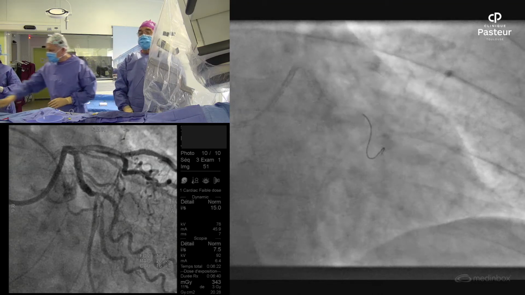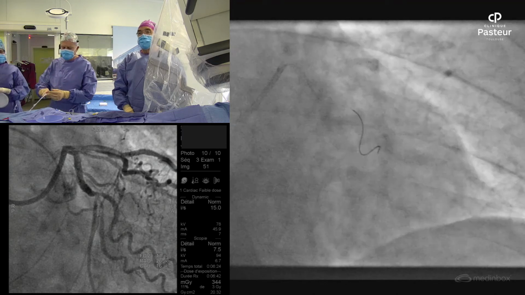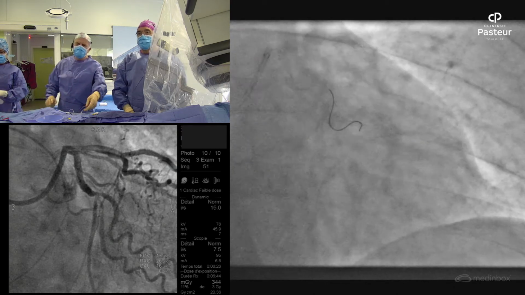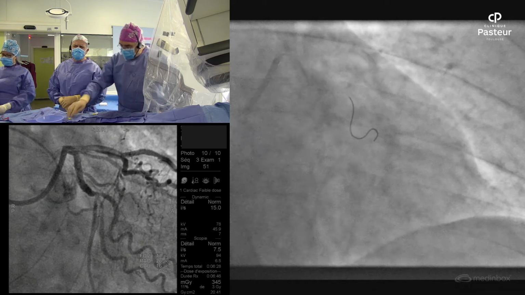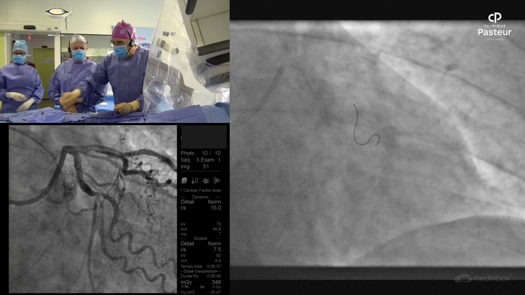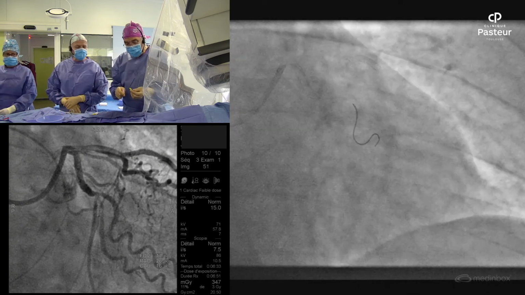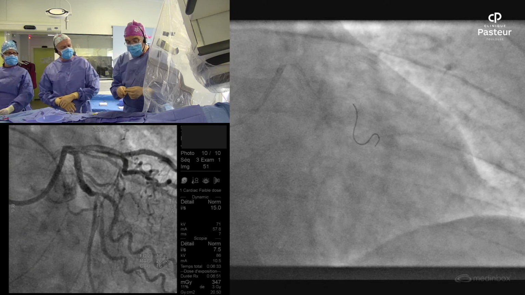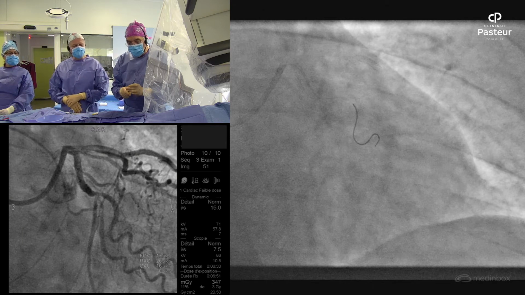What do we see on the first or second OM? When we evaluate the difficulty to advance the wire in the first marginal branch, I will probably place the wire there, place the balloon and the stent here.